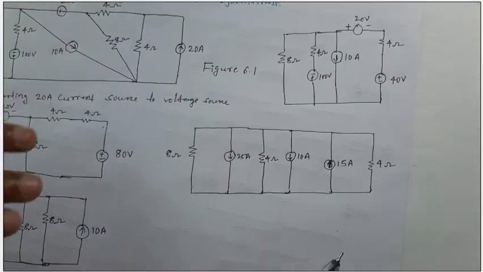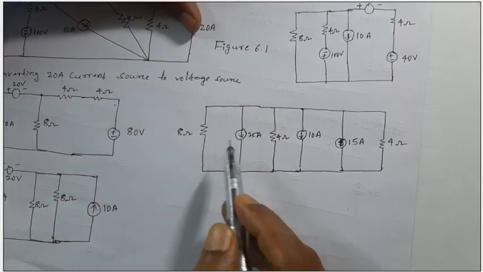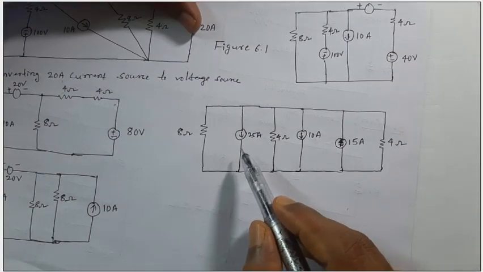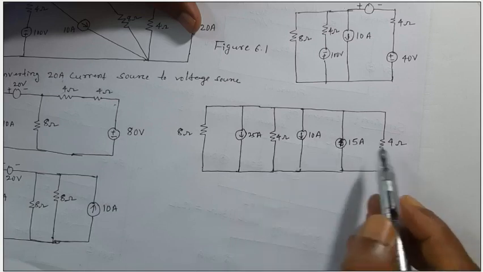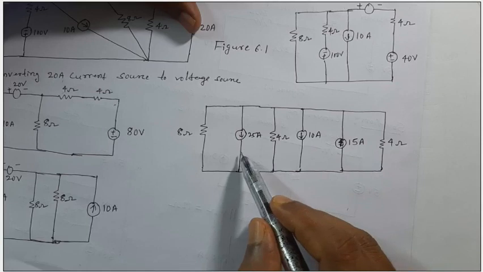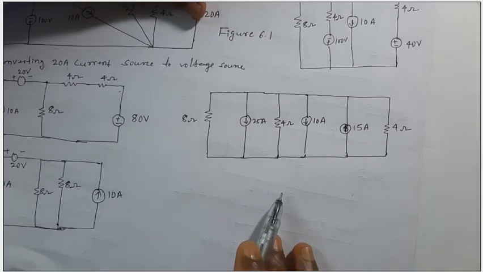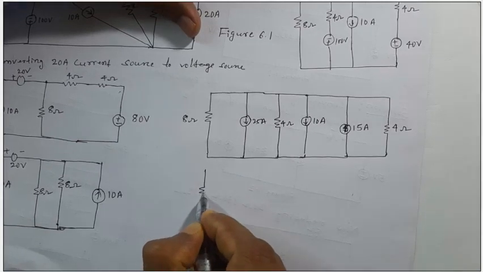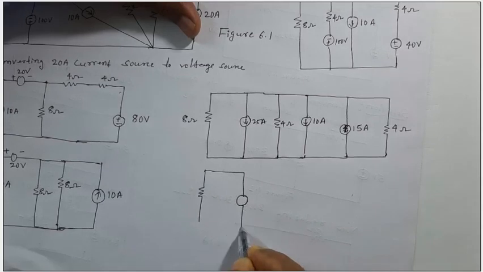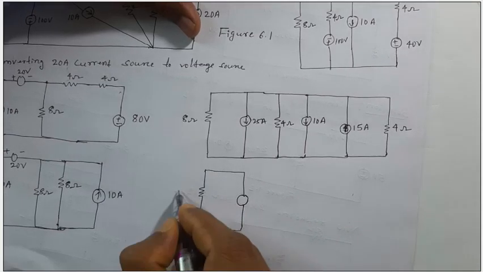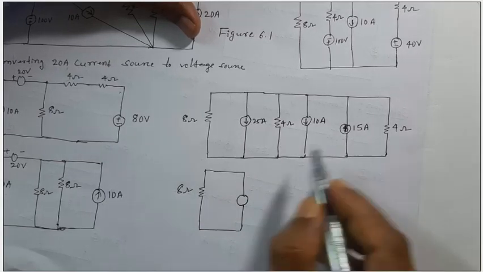Now dear students, the current through the 8 ohm resistor has to be found. What I do, there are 3 current sources, 1, 2, 3, and 2 resistors, this one and this one. I will add up these 3 current sources and convert these 2 resistors to a single resistance. So this 8 ohm will be as it is, and there is a current source here, and the 4 ohm and 4 ohm are both in parallel.